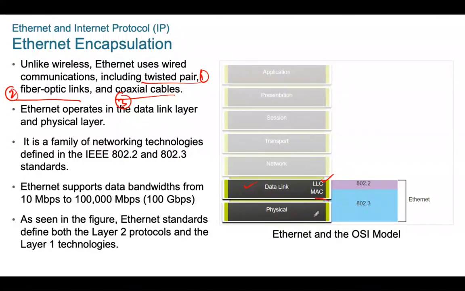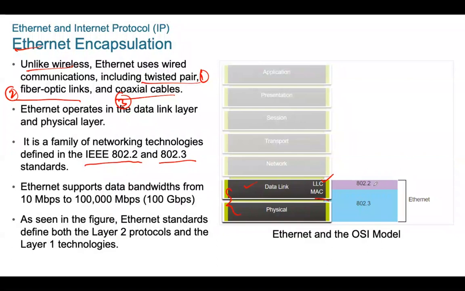So this Ethernet operates in the data link layer and your physical layer. It is a family of network technologies defined by the IEEE standards 802.2 and 802.3. These standard technologies are referred to as Ethernet. Unlike Ethernet, for wireless a different IEEE technology is used.